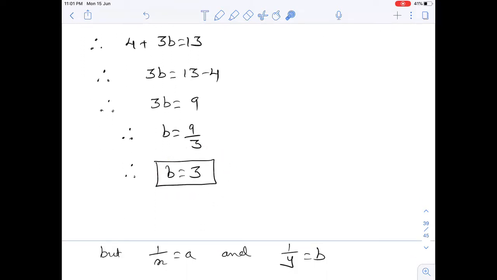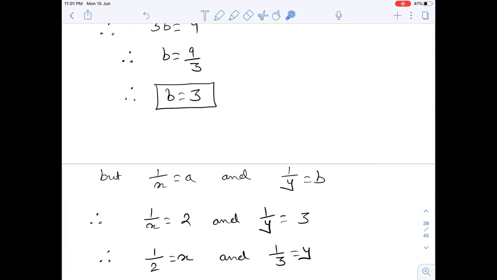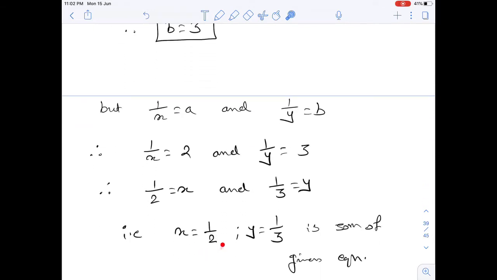But a and b are not our original variables. Our original variables are x and y. So again we considered that 1 upon x is equal to a and 1 upon y is equal to b. From that you get x equals 1 upon 2 and y equals 1 upon 3.